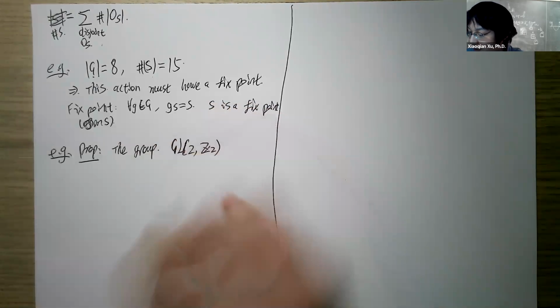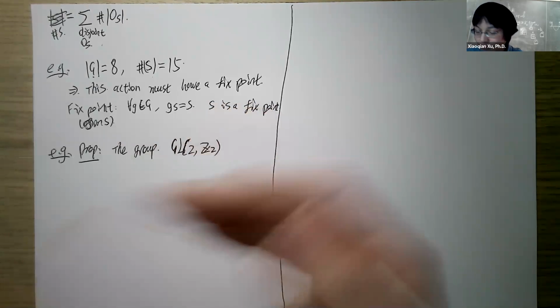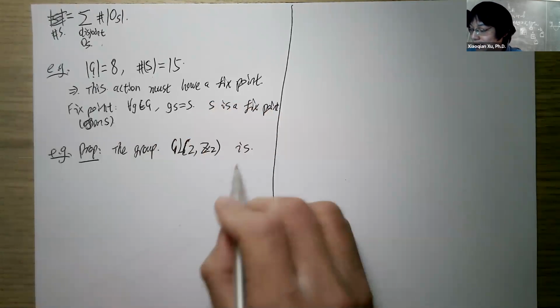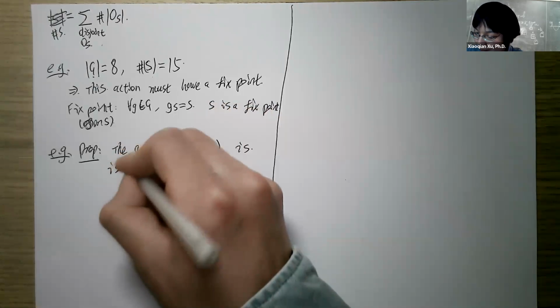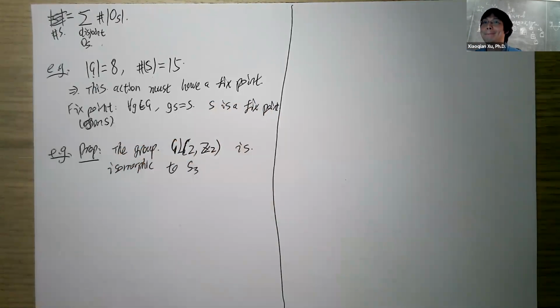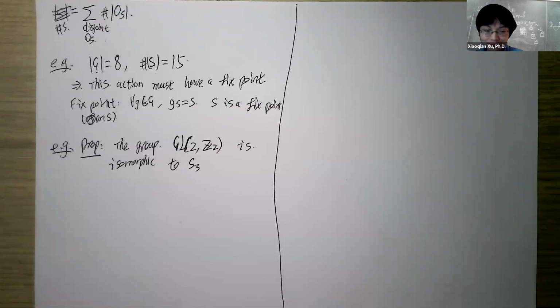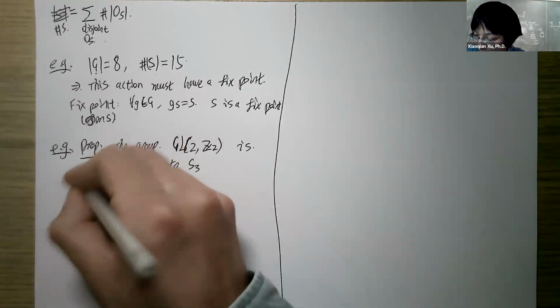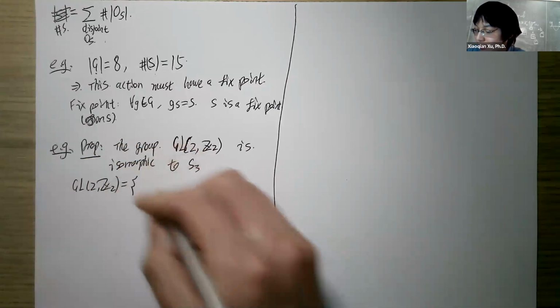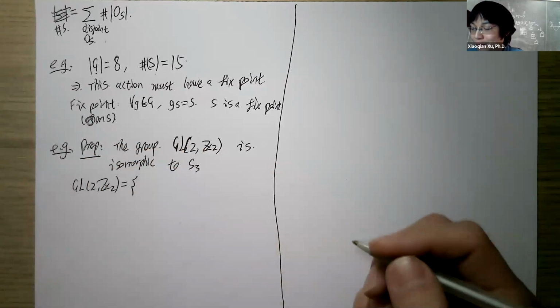I hope everybody knows this group. Well, how does this group look? Here I want to say that it's isomorphic to S3. Okay. Well, first, GL2(Z2) is formed by matrices, right?